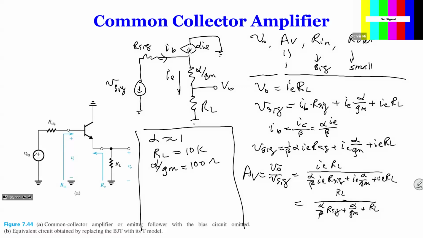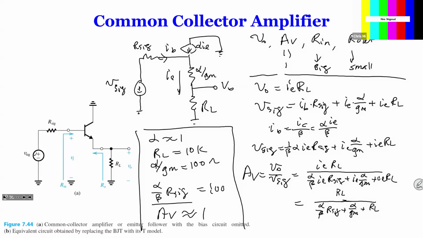And alpha over beta is also going to be like 100. So therefore, your AV is approximately 1.